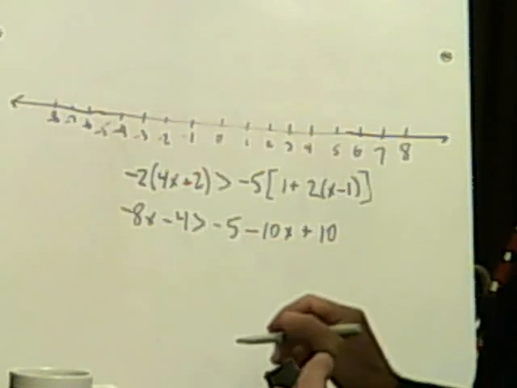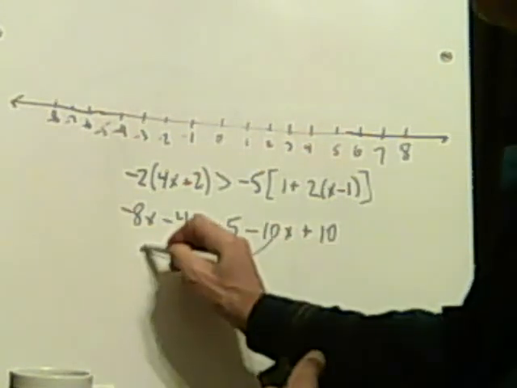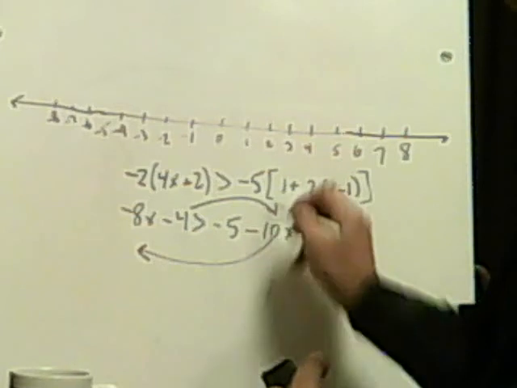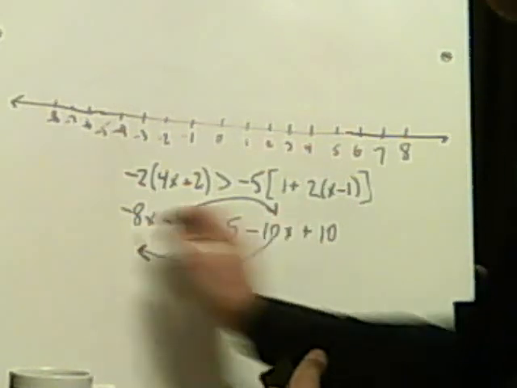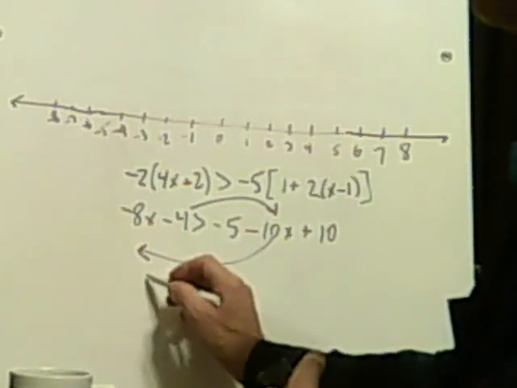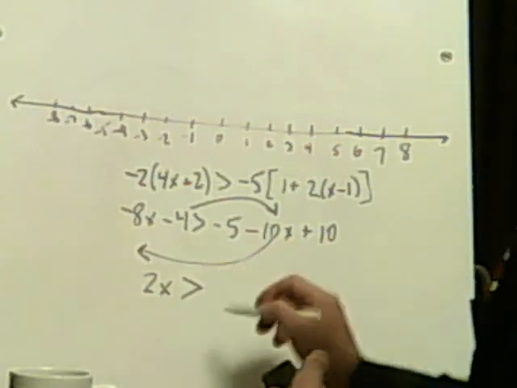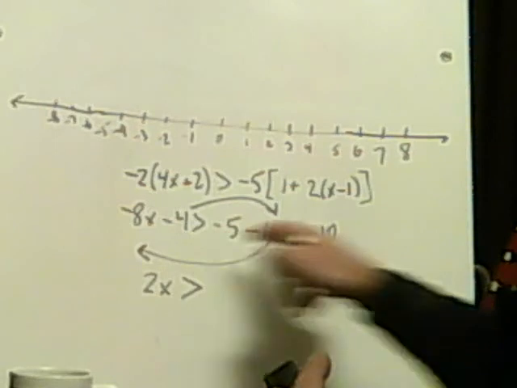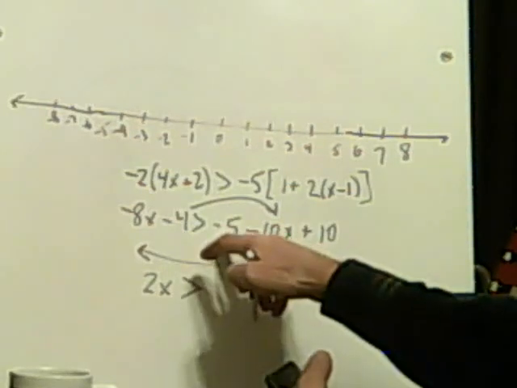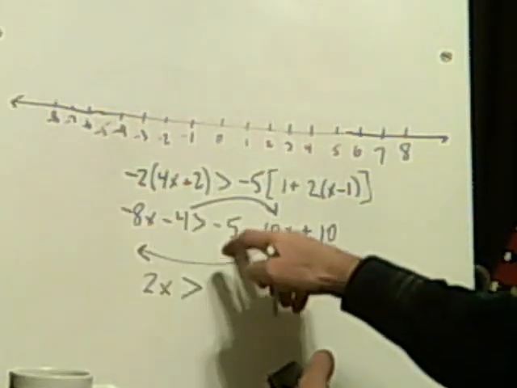Okay? And now we'll move the 10x over to this side, move the 4 over to this side. That 10 comes over as positive 10, so we'll have 2x greater than. Now on this side, we're going to have a plus 10 and a negative 5. That's plus 5.